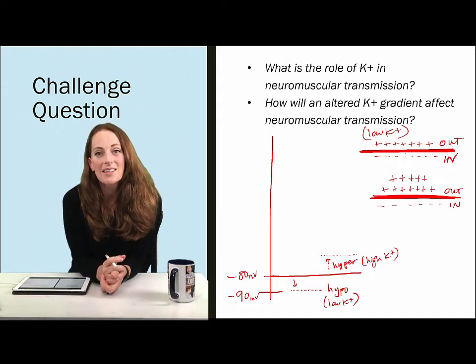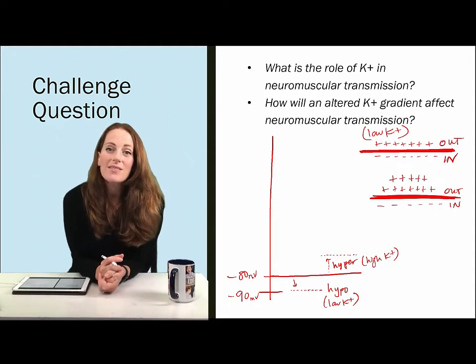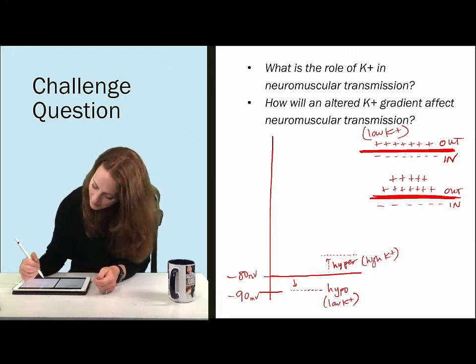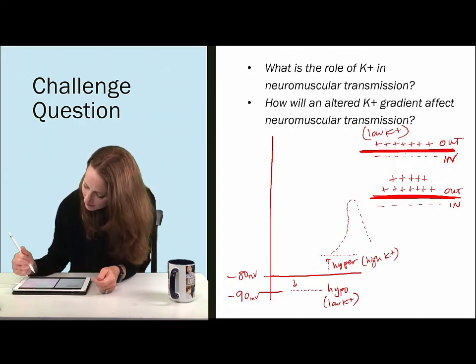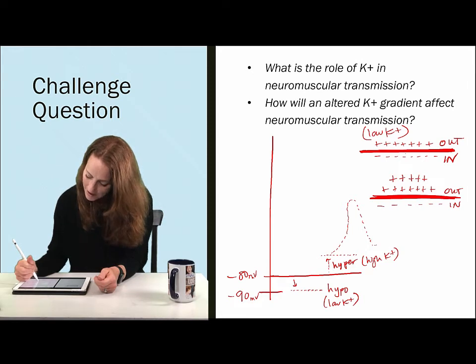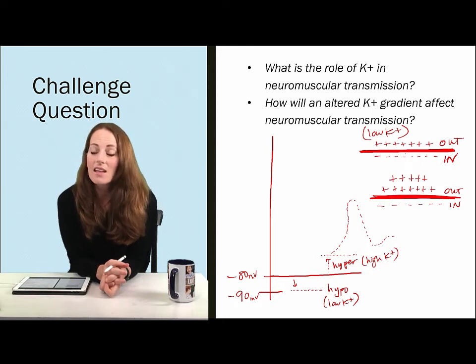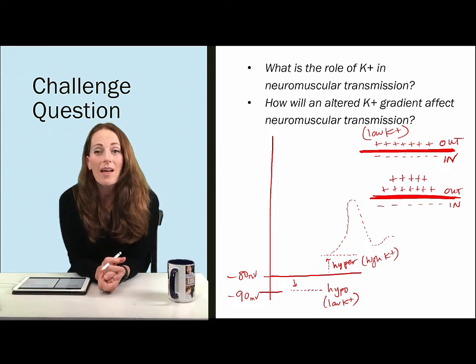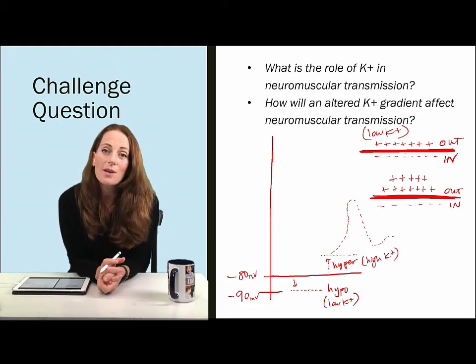And that's in a high blood potassium condition. If the cell membrane is depolarized, it's effectively closer to threshold and more excitable. That means you can reach threshold more quickly, leading to an action potential. But it also means that you don't hyperpolarize or get as negative as you normally would. If you don't hyperpolarize to the normal level, or the cell membrane is too depolarized, you can't reset the voltage-gated sodium channels.